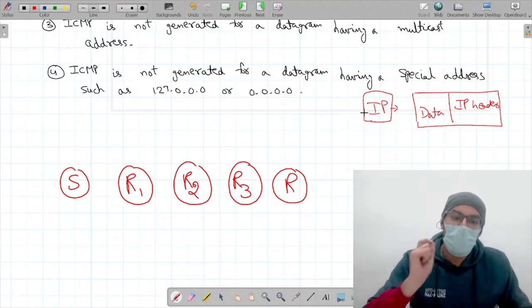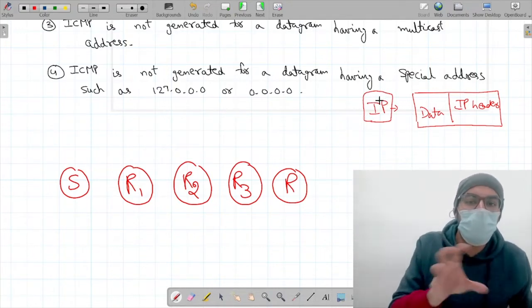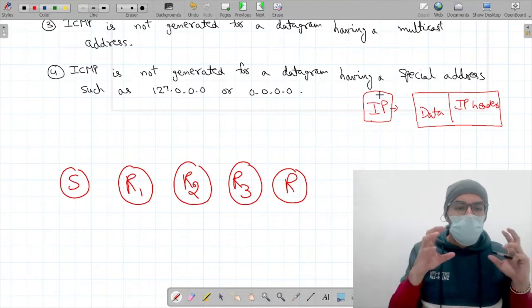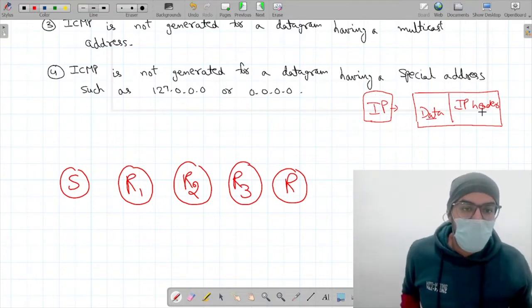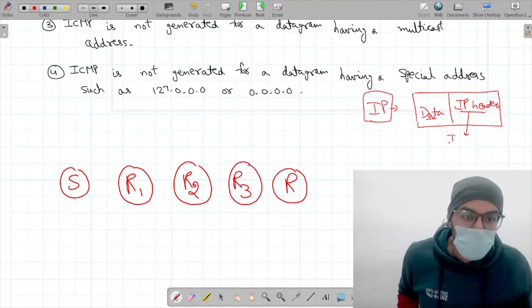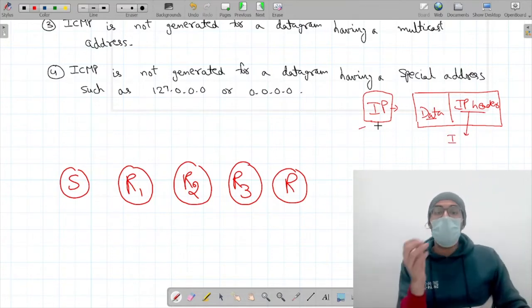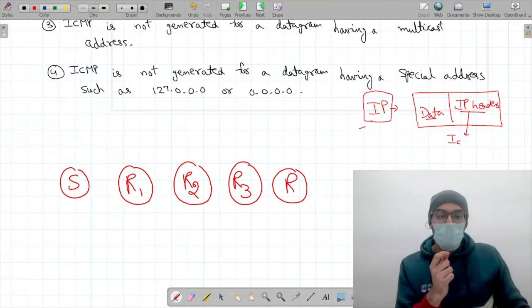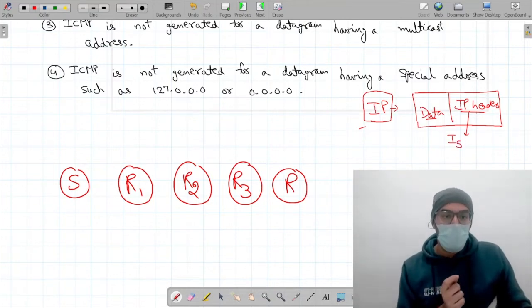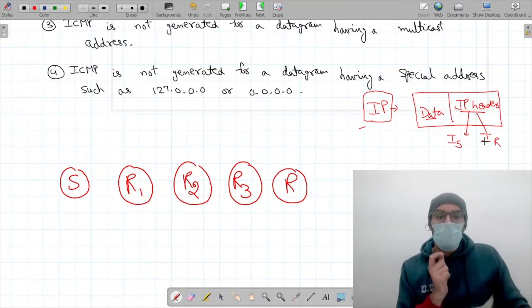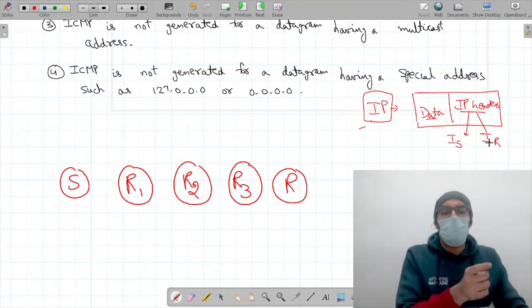What I'm simply telling is that an IP packet contains these two common things: first the data and second the IP header, and this IP header is going to contain the source from which we have sent the packet, the initial source, and the final destination or the final receiver for which this packet is meant.